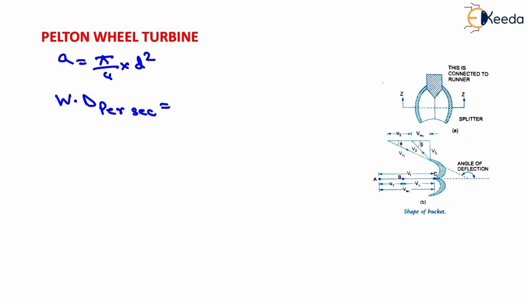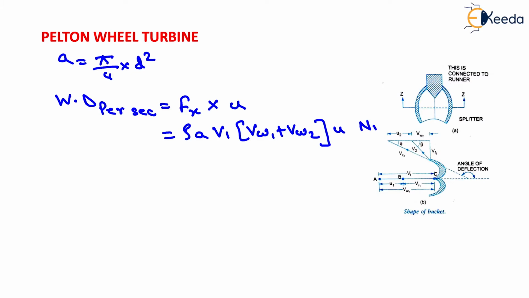Now the work done by the jet on the runner per second will be equal to Fx into U. Now we will put the value of Fx here, that is rho into small a into V1 into (VW1 plus VW2) into U, that will be in newton meter per second.